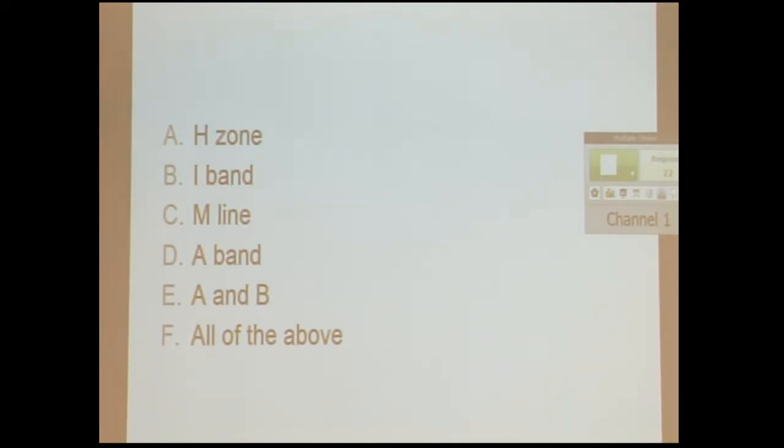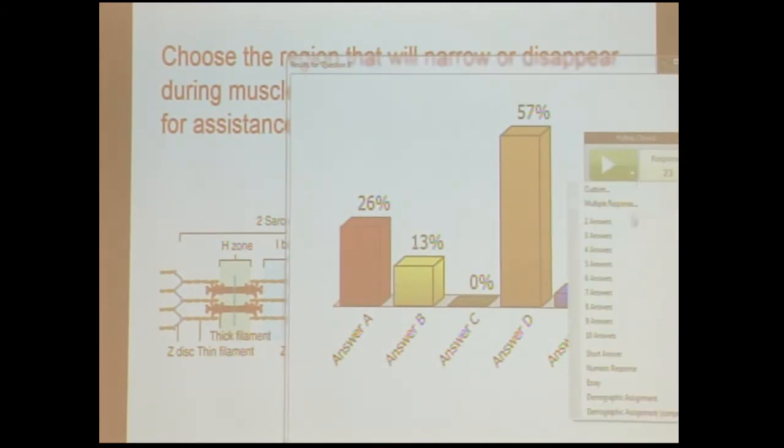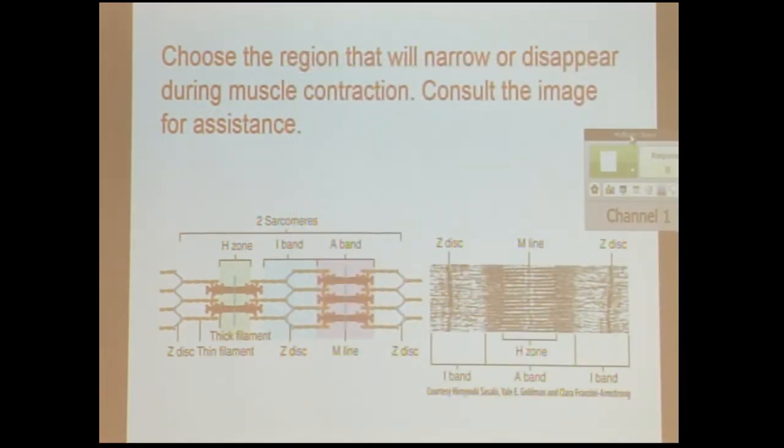So A, H. All right. So which of those disappears when this is an uncontracted muscle? When it contracts, what goes away? H, I, M, or A band?